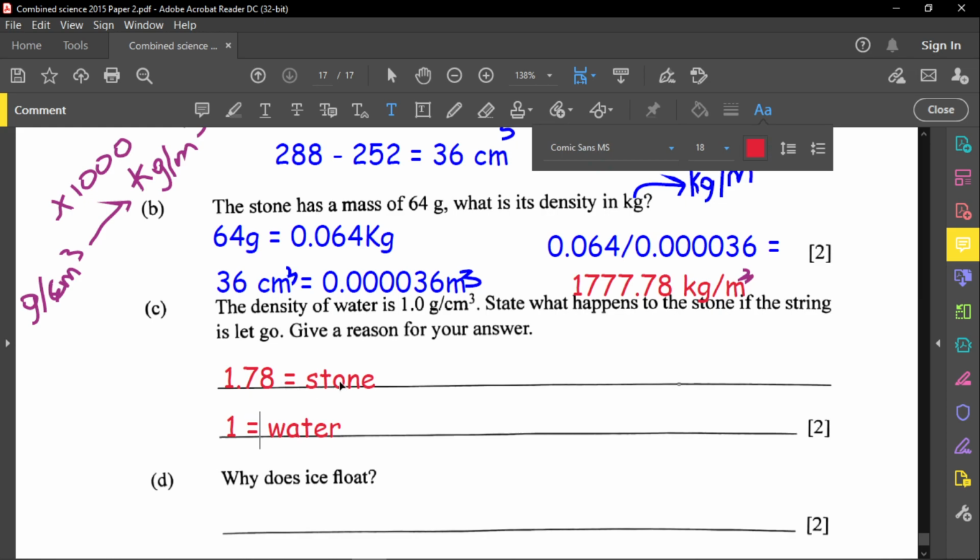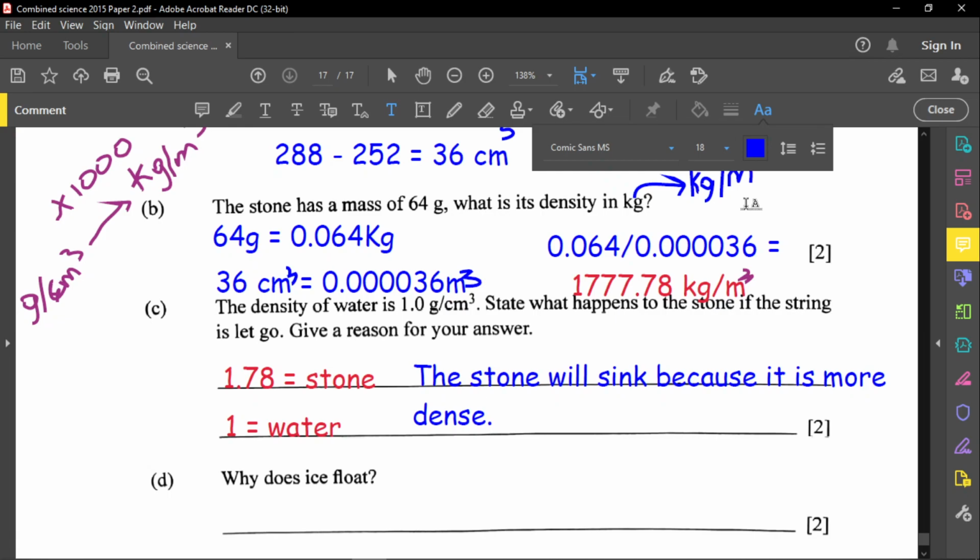And so the stone is more dense, so therefore the stone will what? Sink. Okay, so the stone will sink. Let me put this back now into blue. So here now the stone will sink because it is more dense compared to water, or it is denser than water.